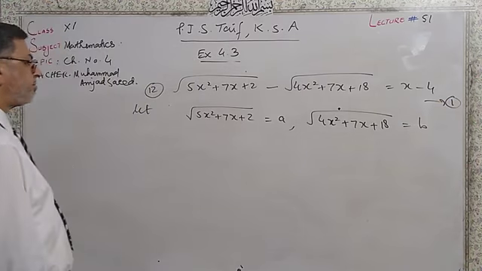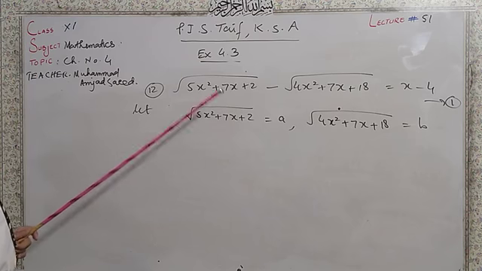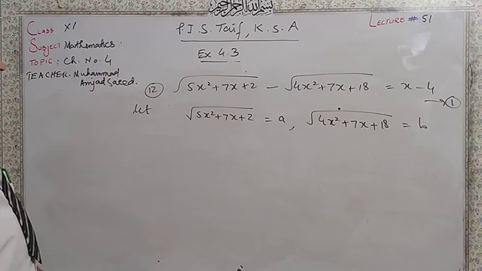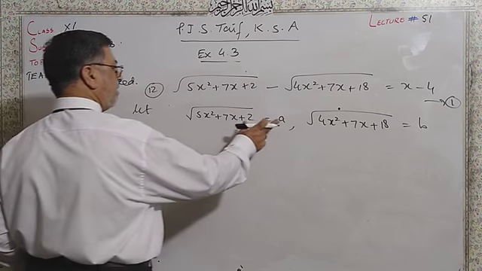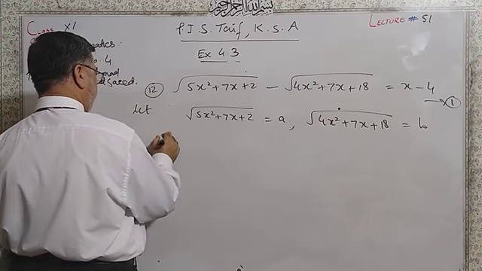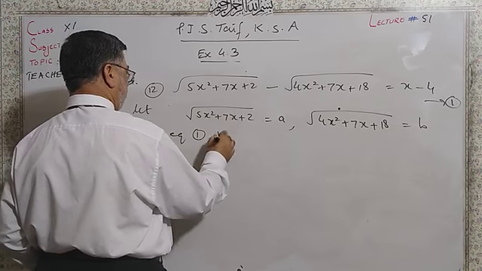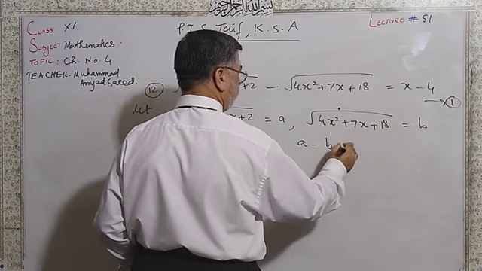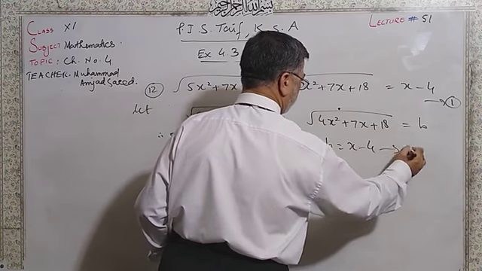Here, this is replaced by a and this is b. Now, using these values in equation 1, equation 1 becomes a minus b is equal to x minus 4.